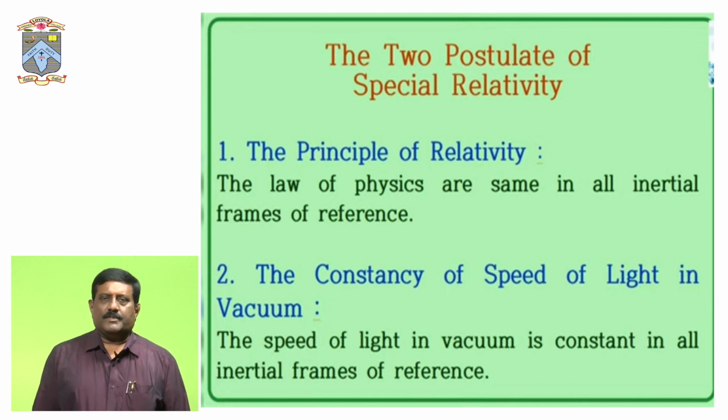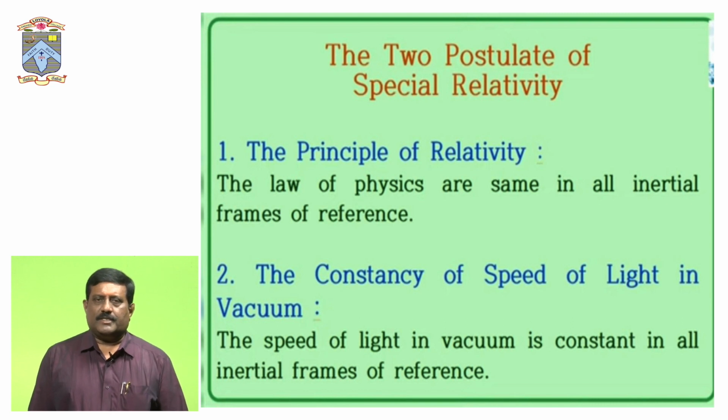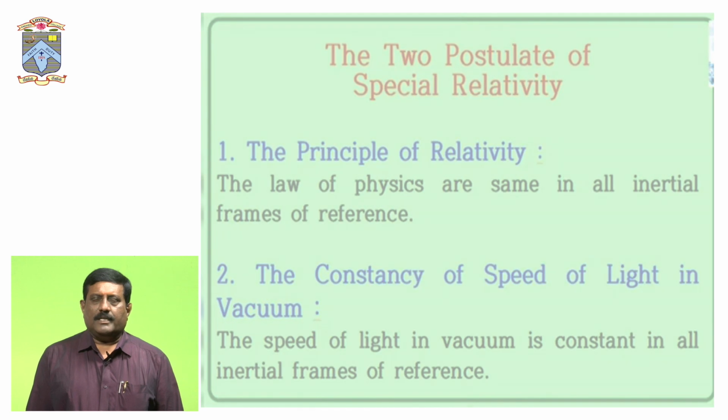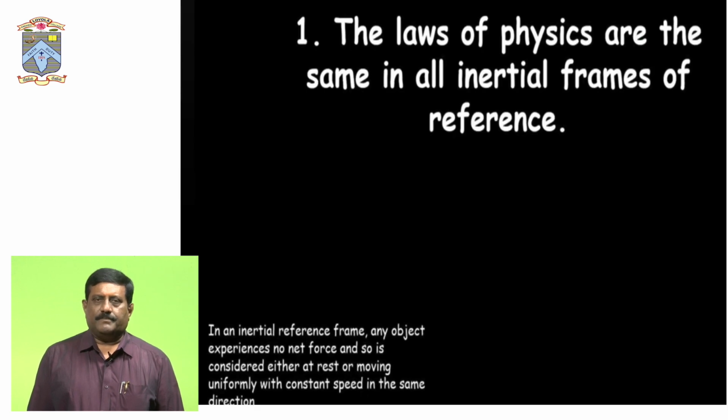Normally we say there are two kinds of frames of reference, inertial and non-inertial frames. In the inertial frame of reference, either the object remains at rest or it moves with a constant speed.